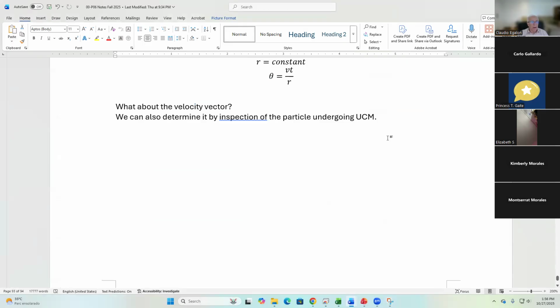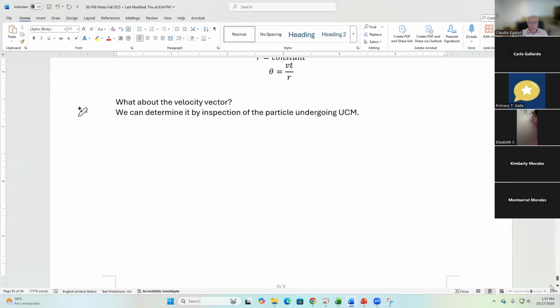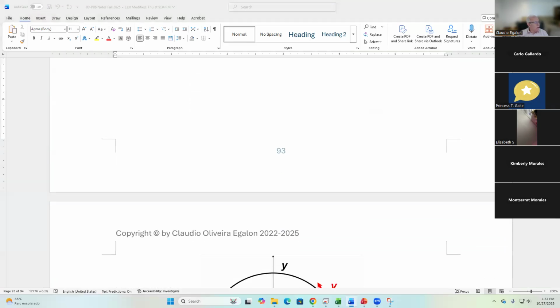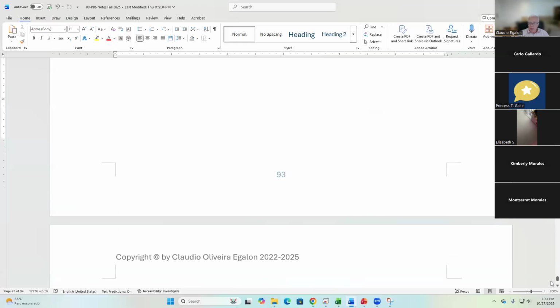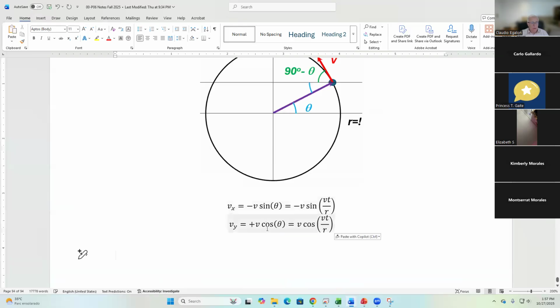We can also determine it by inspection. According to this drawing, here go the x and y components, the velocity components of my particle.